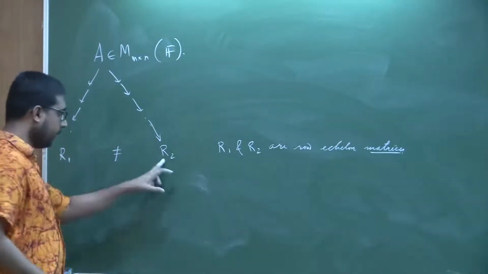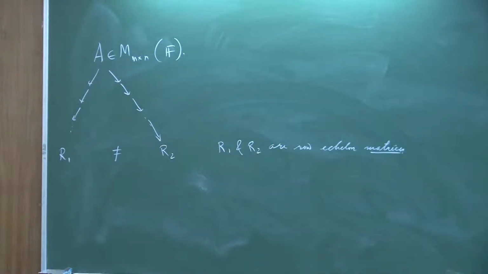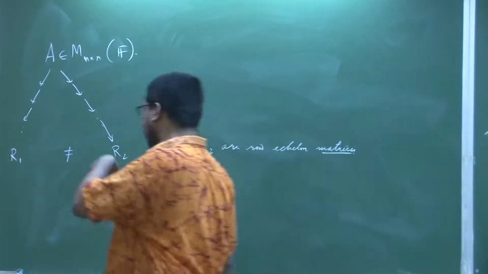We would like to arrive at a contradiction from R1 not equal to R2. So how to do that?